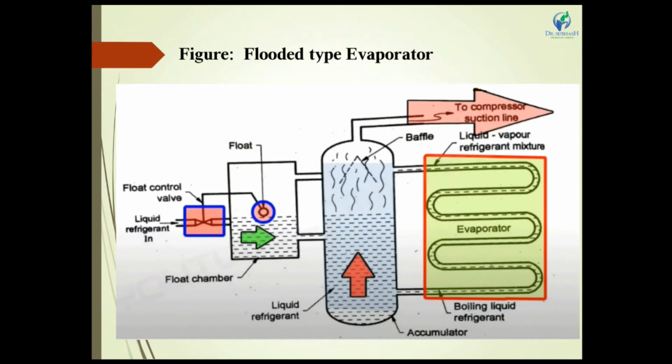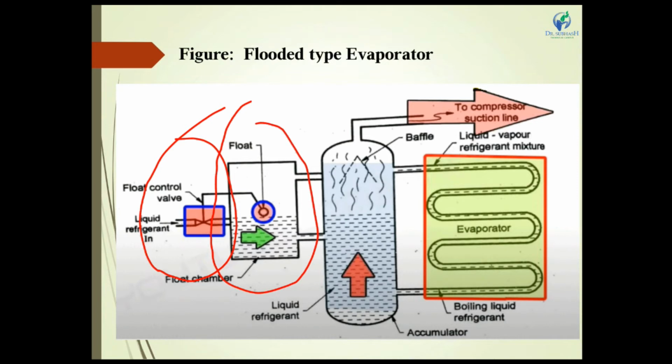This is the simple figure of a flooded type evaporator. There are a number of portions. First, this portion is the expansion device. This portion is the float chamber, where we maintain a constant liquid level.